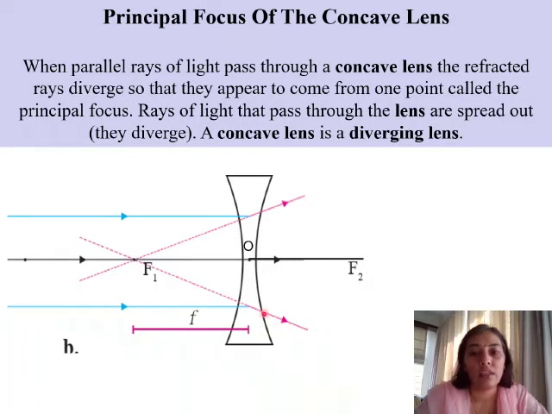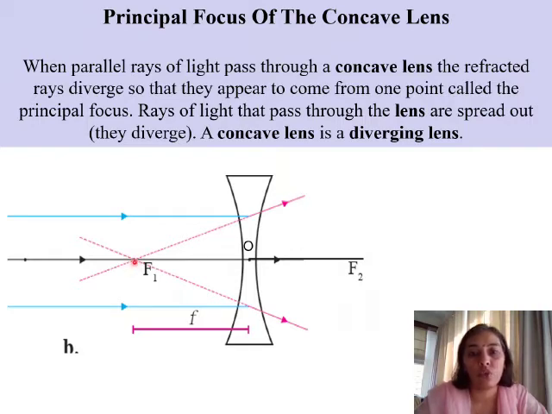Now if you extend these two rays backwards in a straight line, you find that they both meet at a point on the principal axis, and it seems to us that the rays of light are coming from this point, isn't it?